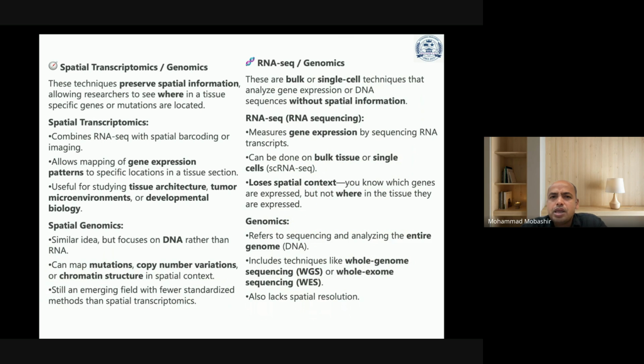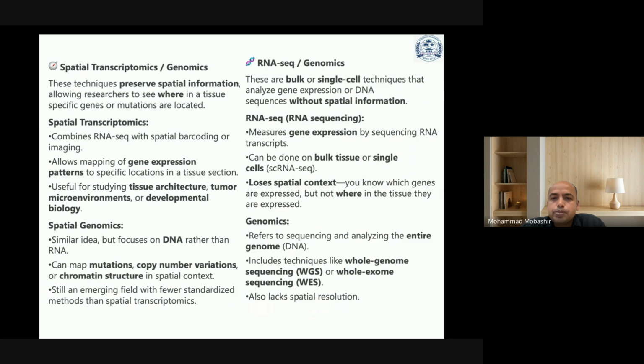Now, about RNA-seq or genomics, these are bulk or single-cell techniques that can analyze gene expression or DNA sequences without any spatial information. RNA-seq, or RNA sequencing, measures gene expression by sequencing total RNA transcripts. It can be done on bulk tissue or single cells, that is scRNA sequencing.